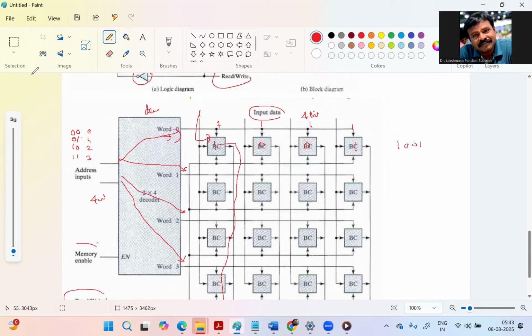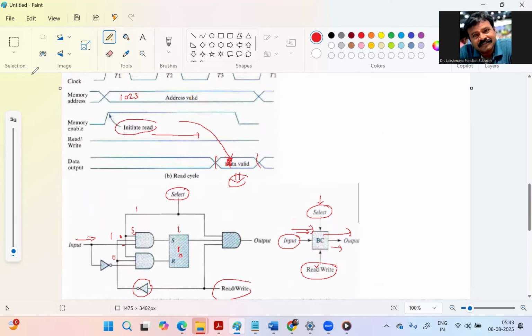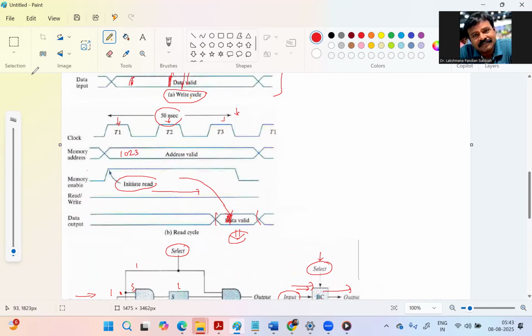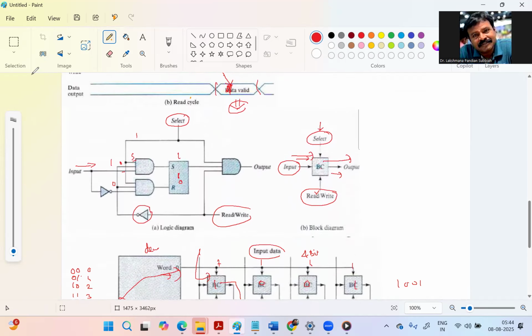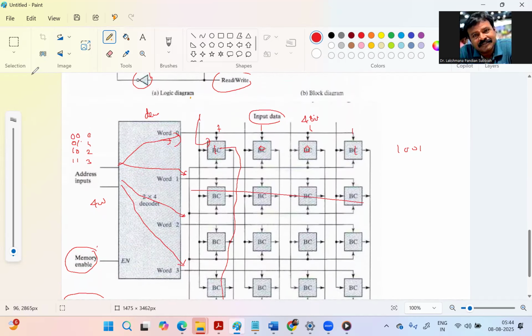So this is a memory enable signal, and the memory enable signal is given here.